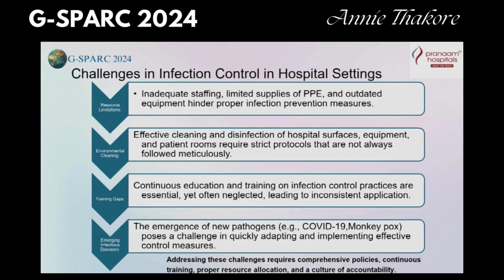So again, when it comes to challenges, that is resource limitations, inadequate staffing, many times attrition is high, hospital is not able to take care, especially in nursing, that is one area of the challenges in healthcare. Limited supplies of PPE and outdated equipment hinder proper infection prevention measures.